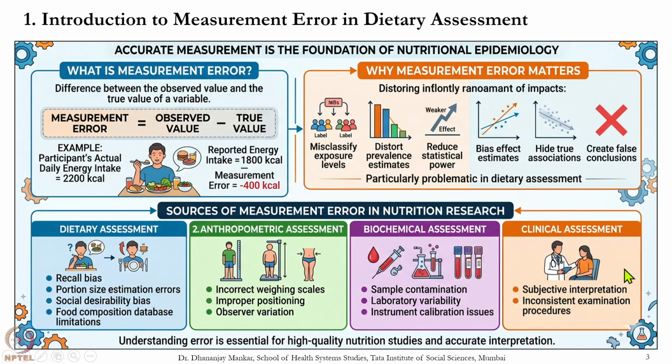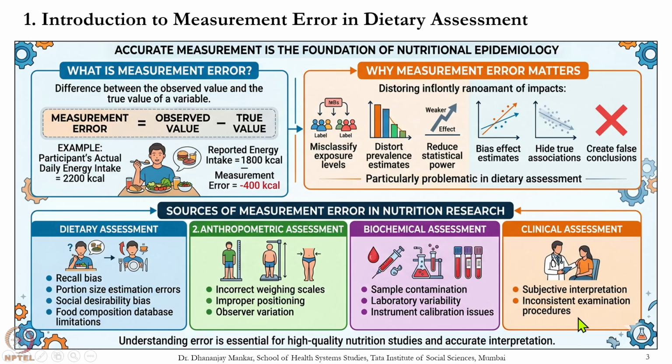In clinical assessment, what is the major error? The major error is that it is very subject to interpretation. You may have someone who comes up with their own bias and is not able to communicate and overcome those biases. There is very subjective interpretation. Then there are inconsistent examination procedures.